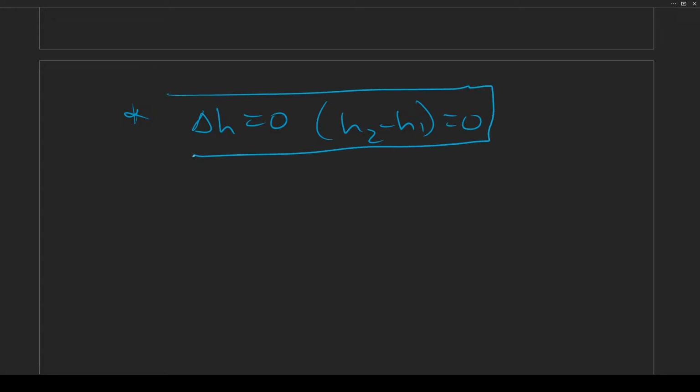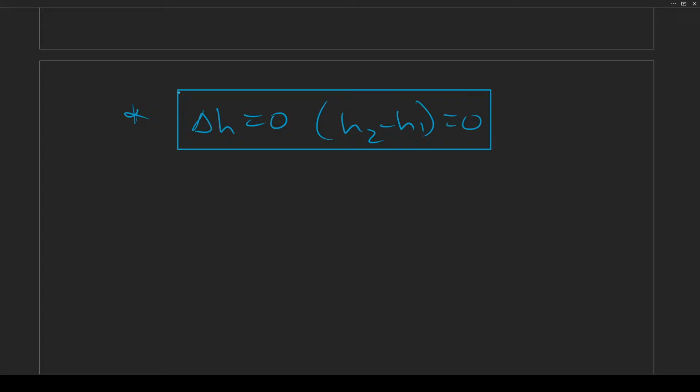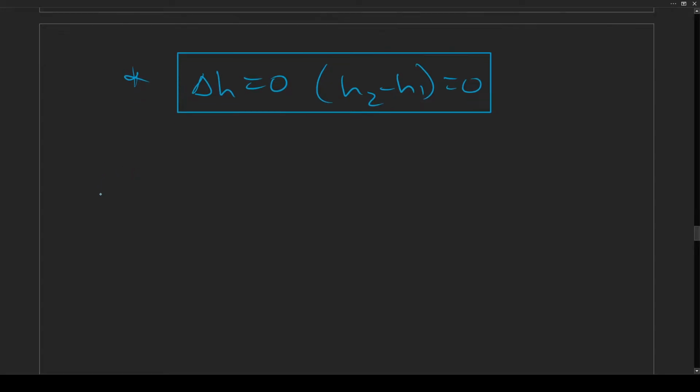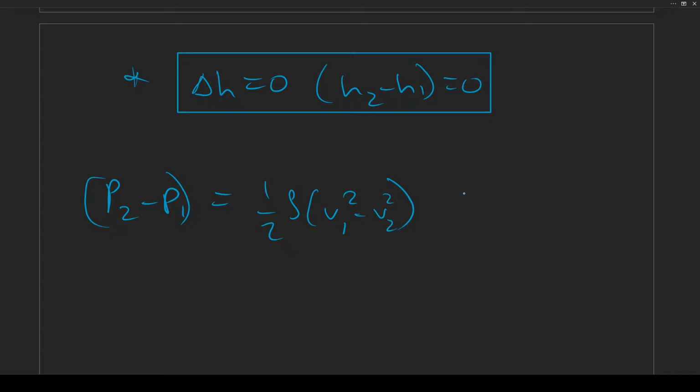In this condition, in Bernoulli's equation, P2 minus P1 is equal to kinetic energy half rho V1 square minus V2 square, plus rho G H2 minus H1, which is 0.